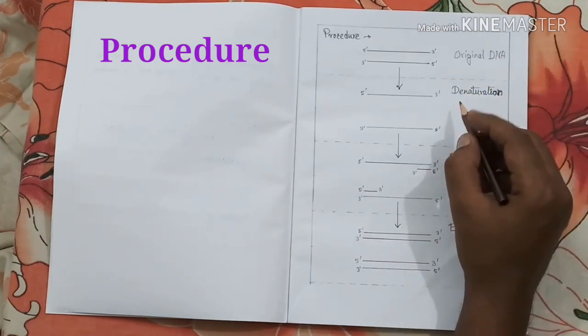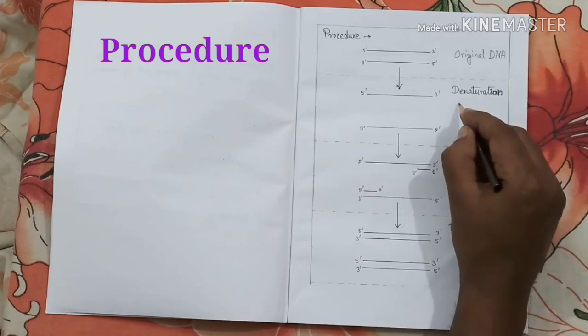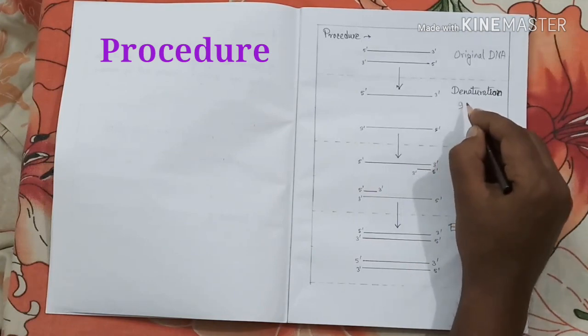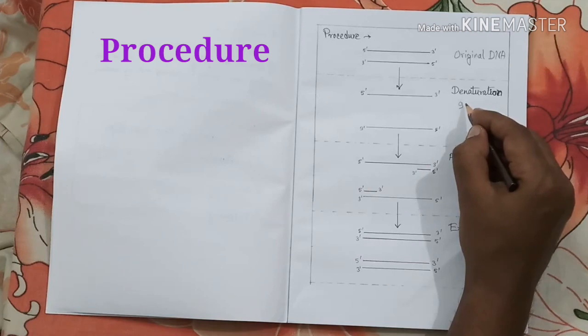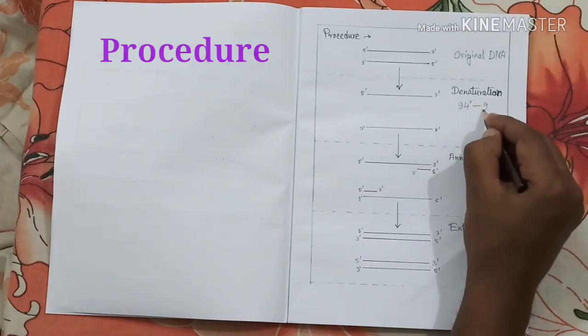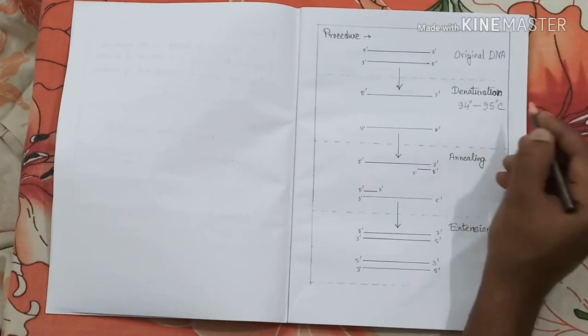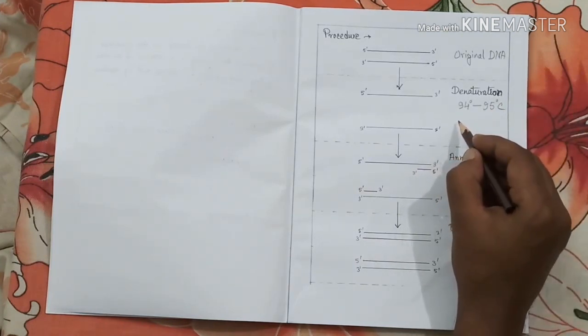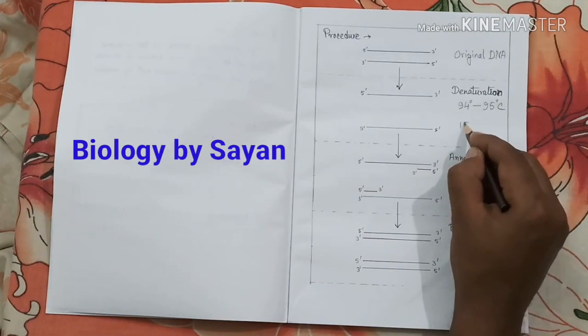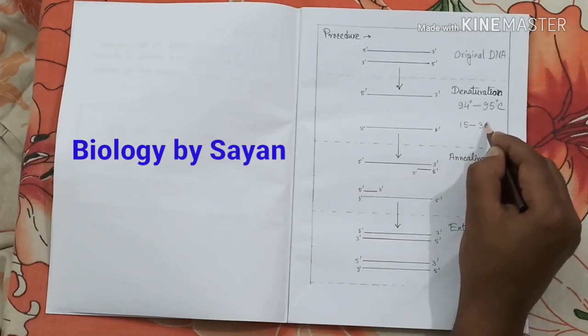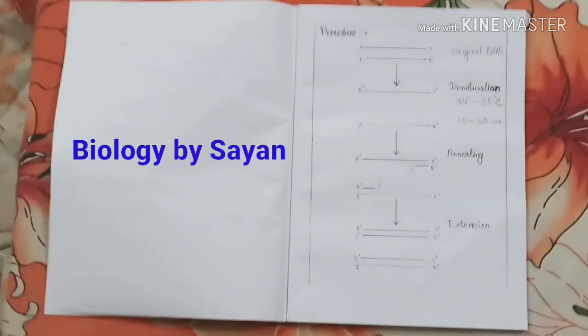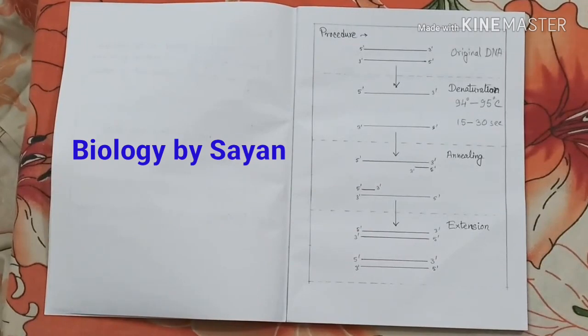So, we have to undergo denaturation. Denaturation is a process which will split the double stranded DNA into single stranded DNA, and we have to attain about 94 to 95 degrees centigrade of temperature for that purpose. We have to keep the entire solution for 15 to 30 seconds. After that the double stranded DNA will easily break down into single stranded DNA.